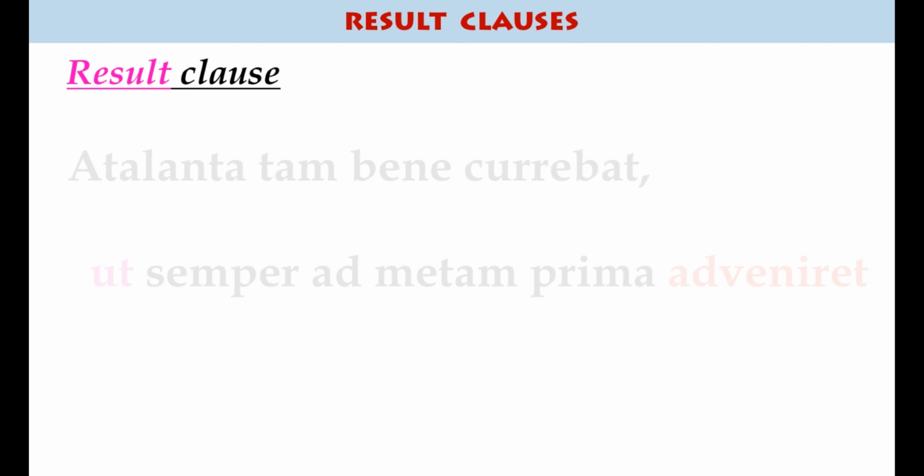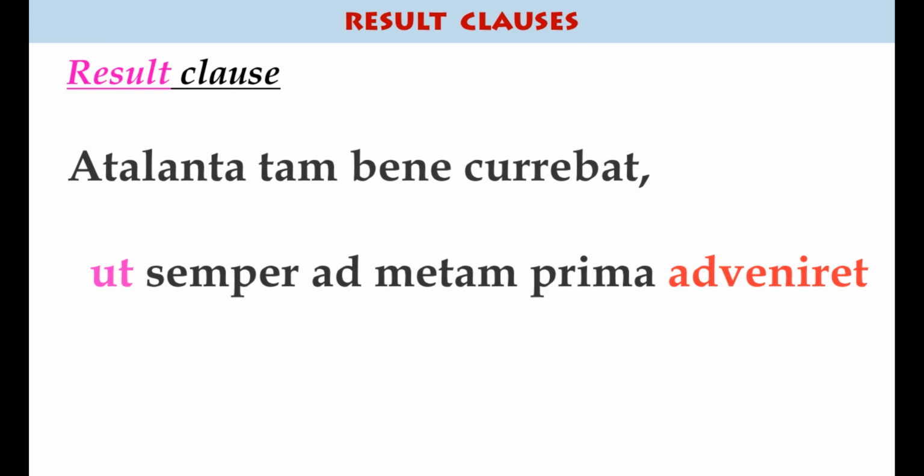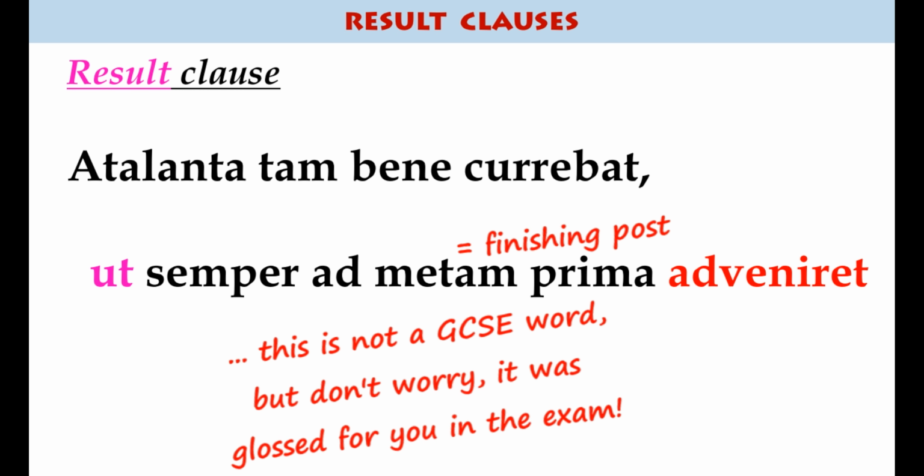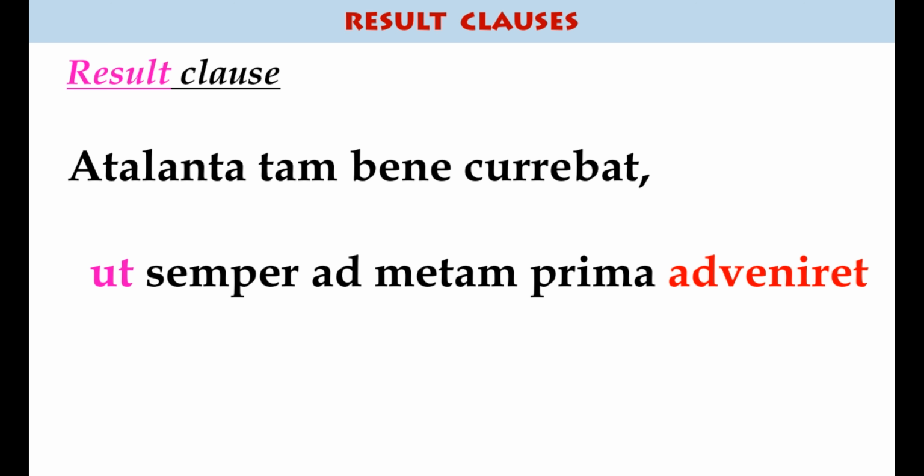So now here is a result clause, and this one I've adapted slightly, but I've taken it from a higher GCSE past paper. It's based on the story of Atalanta, who raced against lots of young men, each of them wanting to marry her.